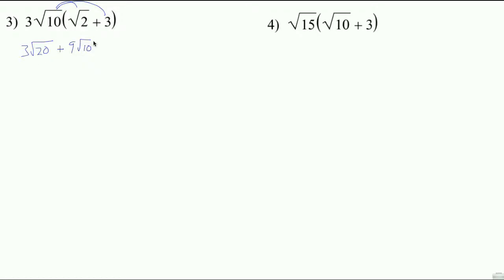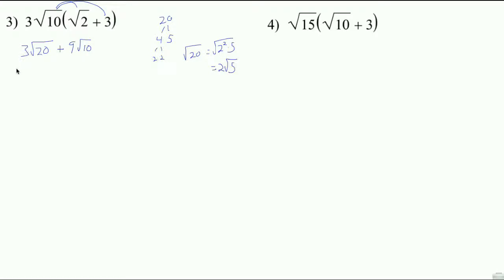Once we multiply, we look at what we have and see if we can simplify any radicals. We can now simplify. We have a 20 again, so we remember 20 is 4 times 5. So we got 2, 2, and 5. So the square root of 20 is really the square root of 2 squared times 5. Square root of 2 squared is 2, but the square root of 5 we can't simplify, so that stays within the square root.